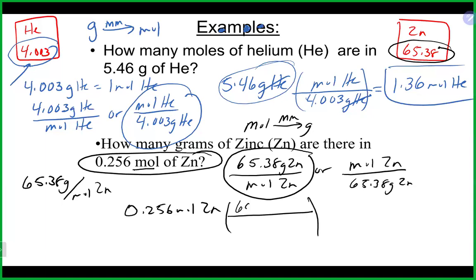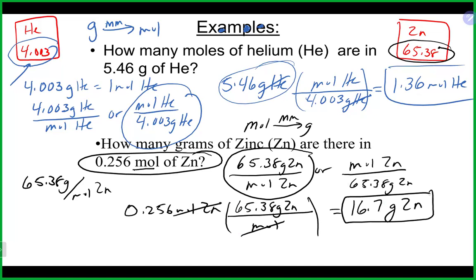That gives us 65.38 grams of zinc per mole. The moles of zinc will cancel. We're going to multiply 0.256 times 65.38, which gives us 16.7 grams of zinc. Questions on either of those calculations?